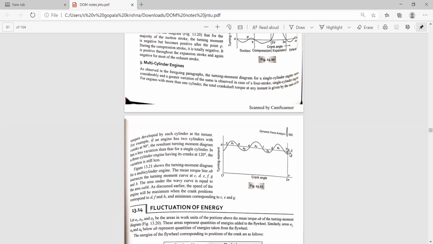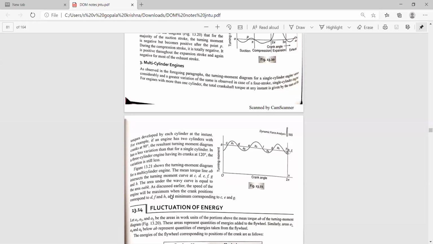In this mean torque line, the portion above is considered positive, and the portions below are considered negative. And here A1, A3, A5 areas are considered as positive, high maximum turning moment values. And A2, A4 are taken as the minimum, negative turning moment values.